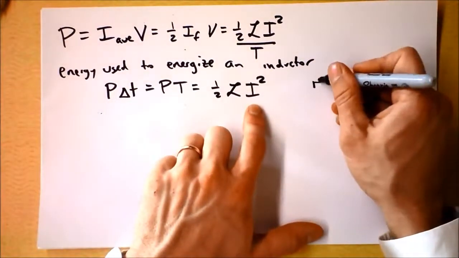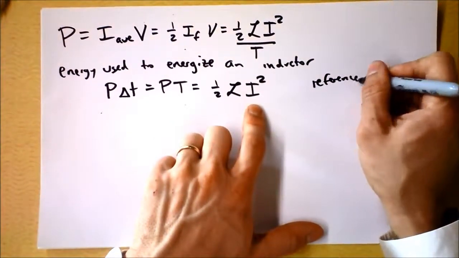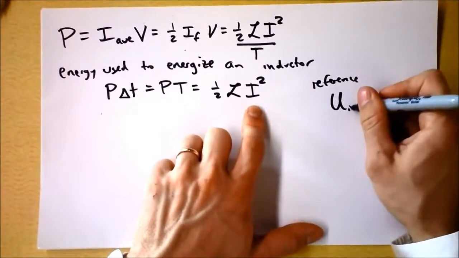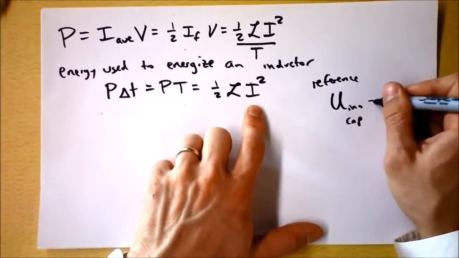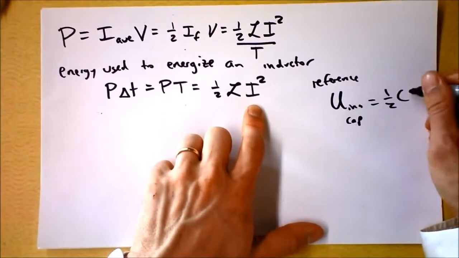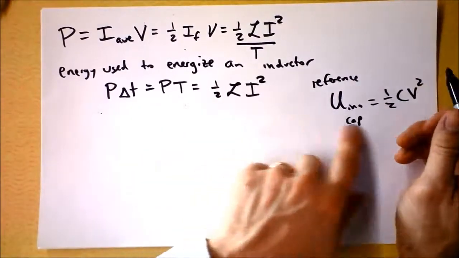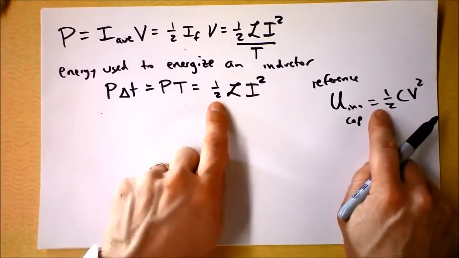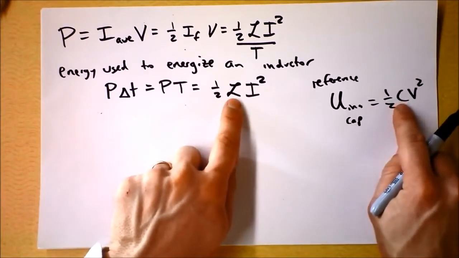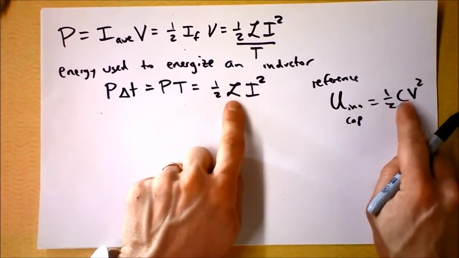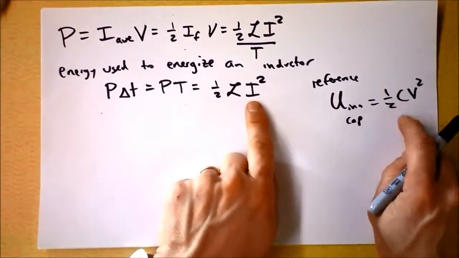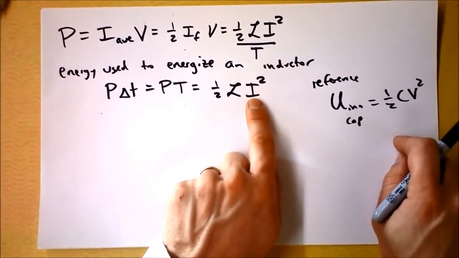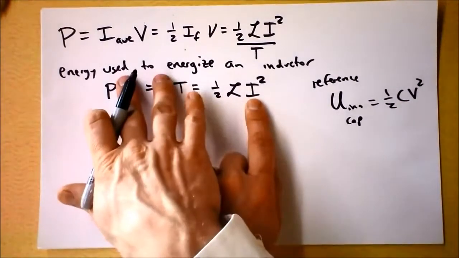I want you to reference the energy stored in a capacitor, which is 1/2 C times V squared. Look at this for just a moment. You've got a half, because of some average that comes in there, and you've got the value of the thing. This is the inductance, and this is the capacitance. You've got current, and that's the way the inductor stores energy.